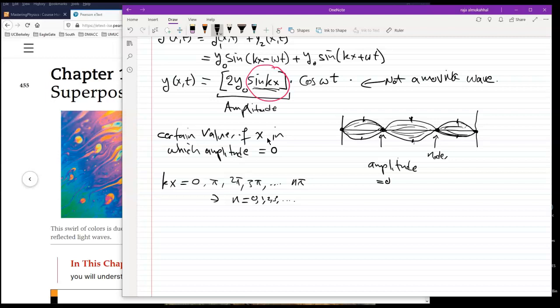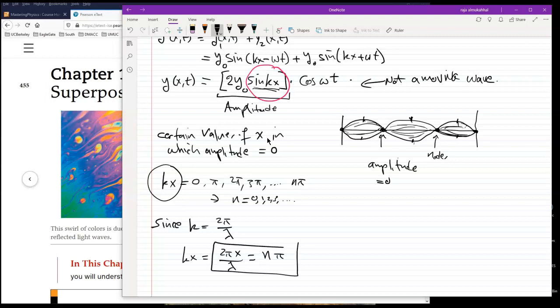But one more thing. We know that k is equal to 2 pi over lambda, remember it's the wave number, so I can say that this kx, which is 2 pi x over lambda, when it's equal to n pi, you will get a zero amplitude.